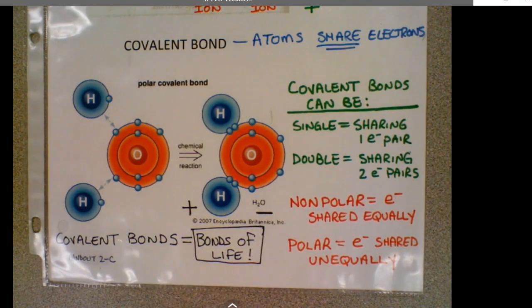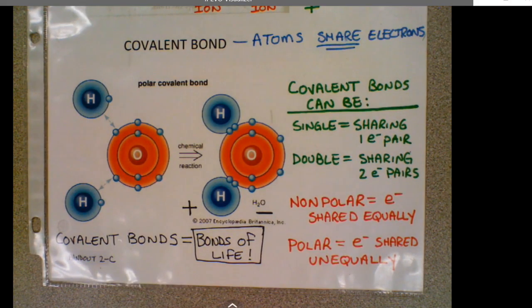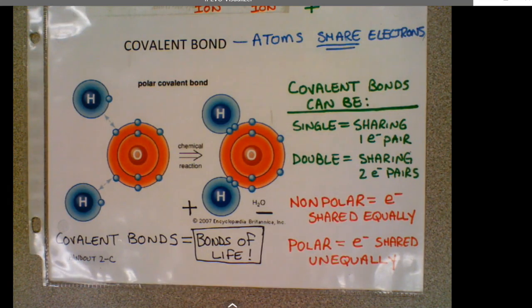This water molecule, the hydrogens are going to share the electrons, and each atom will have that electron for a certain amount of time. Covalent bonds are the bonds of life. So this is what our body is put together with. So those molecules of life, carbohydrates, proteins, fats, they are made by covalent bonds.